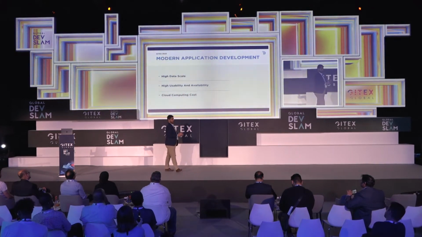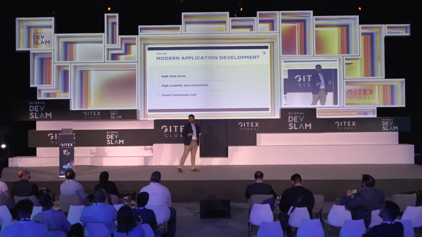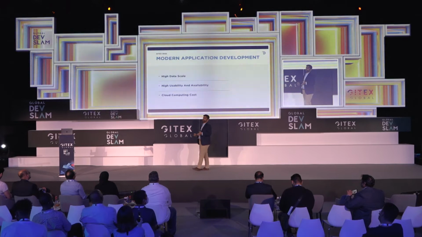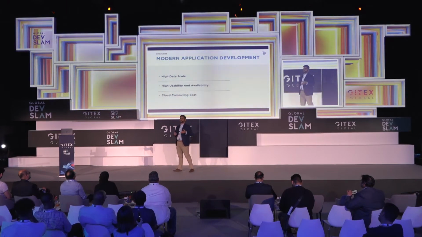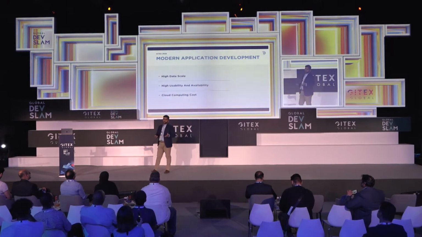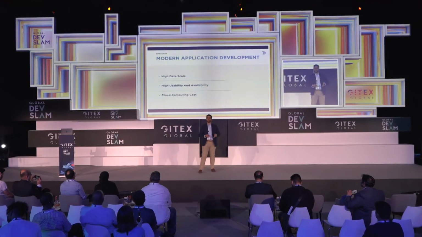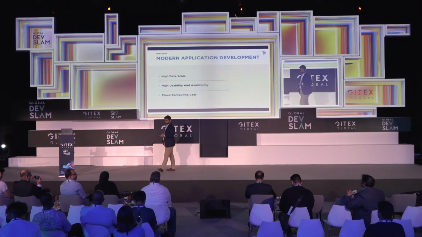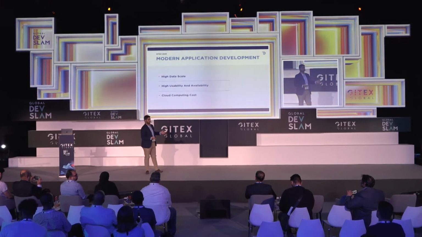But now, since everything is on the cloud, we are worried about cost more than ever. Let's say a badly written piece of code, which takes more time to execute, will cost you more in the cloud. And when you bundle it up with high usage, the cost just skyrockets. So now it is more important for us to write optimized code in order to control the cost factor as well.